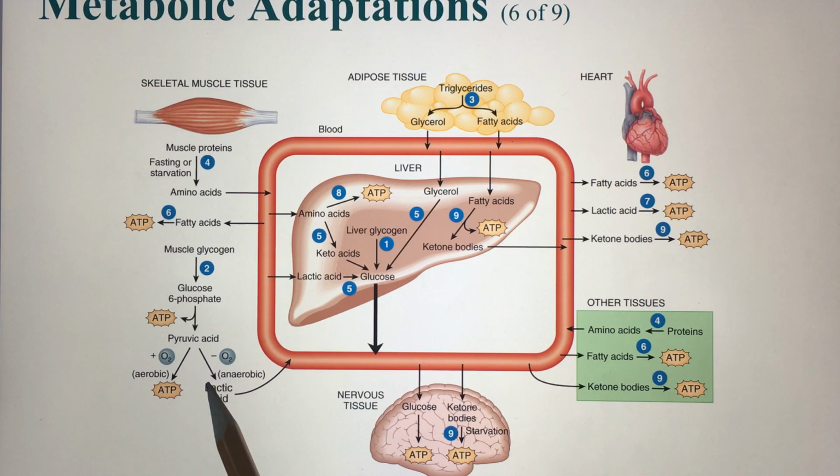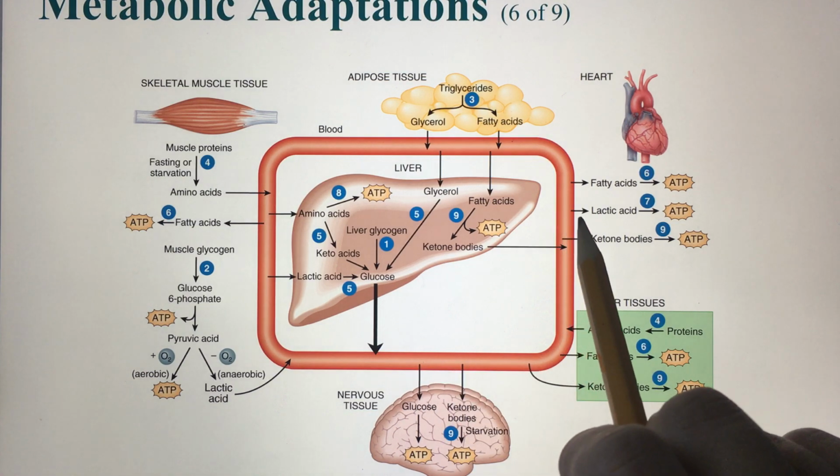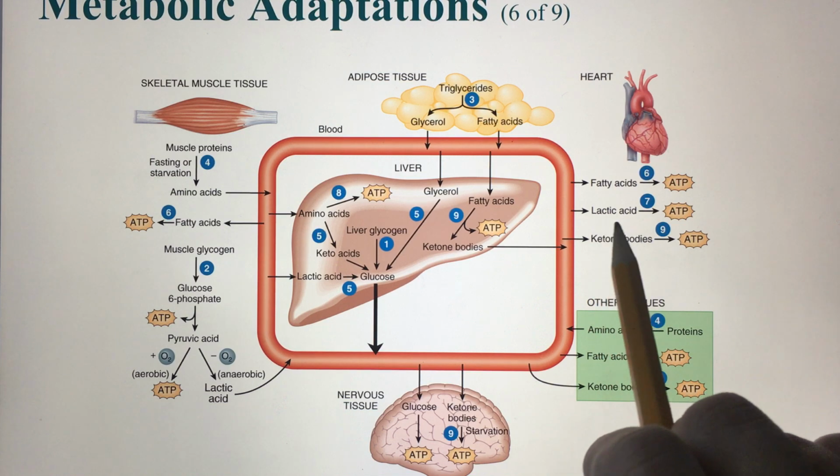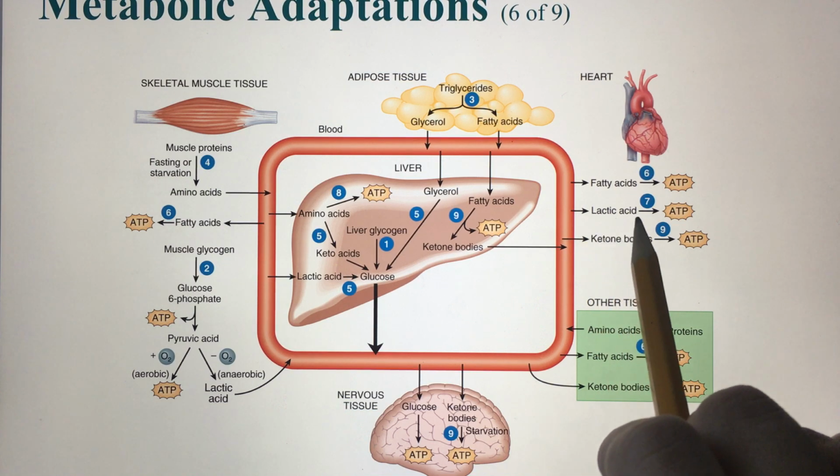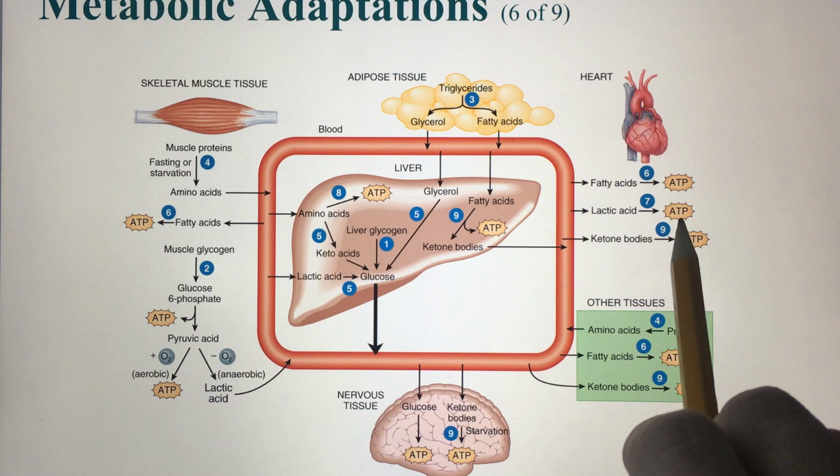If you've ever heard of lactic acid buildup in a very active muscle that's been active for a long time after exercise, it can cause muscle cramps, and it does need to be removed from the muscle through the bloodstream. That lactic acid, however, is not entirely a waste product in the body. After it's absorbed into the blood, it's carried through the bloodstream to the heart muscle, and in the heart muscle, the lactic acid can be used to make energy.